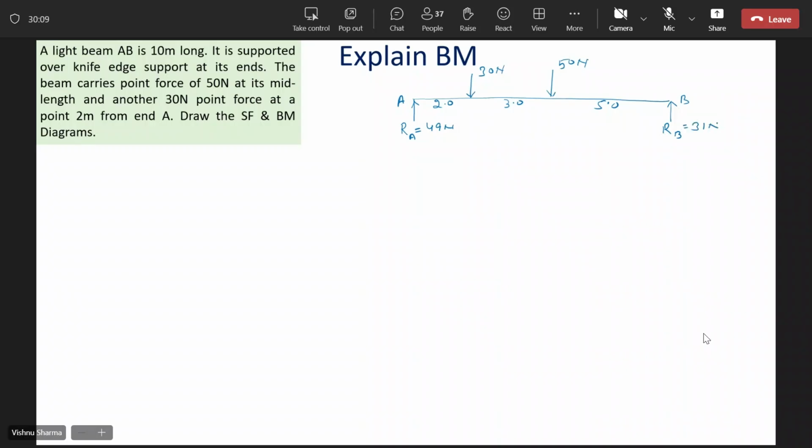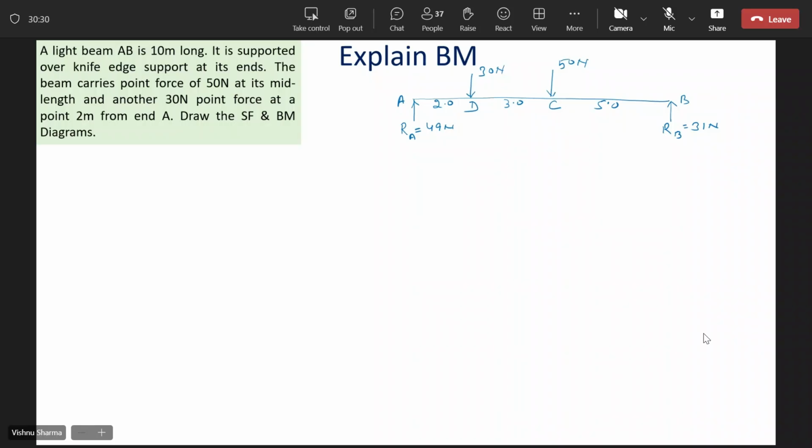Second step. Third step was to identify the points where we must calculate the SF. And based on our learning yesterday, it is a minimum of 4 points. Two are already named A and B, and yesterday we named the other two points as C and D.